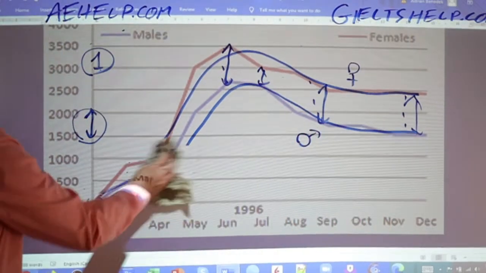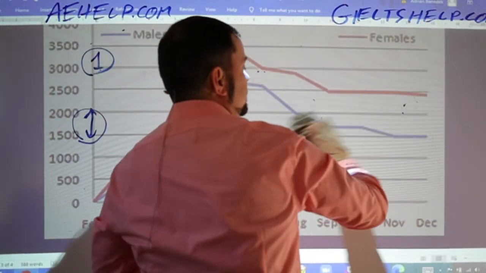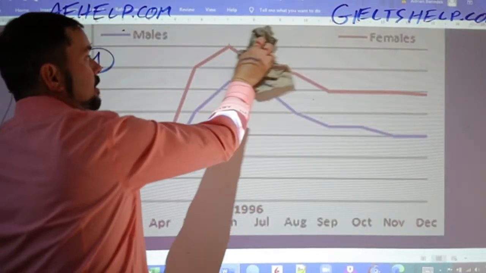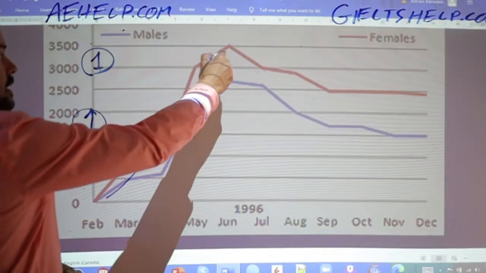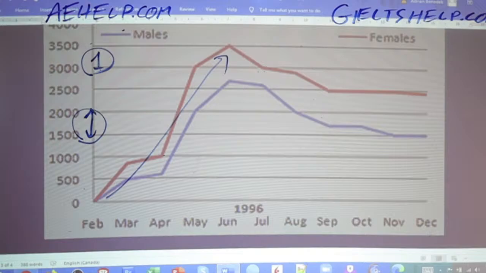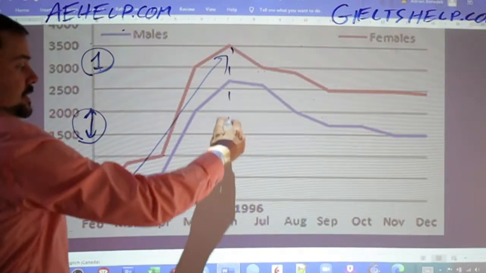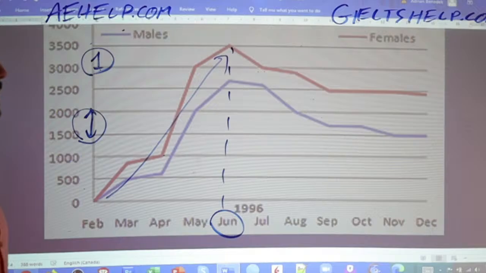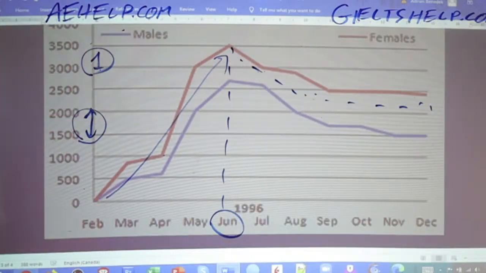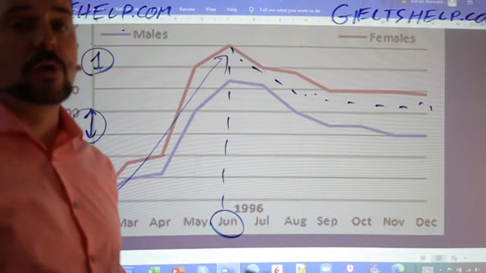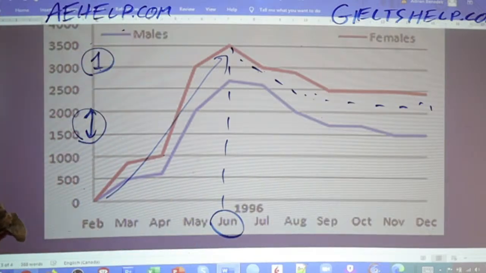Okay, so now the second part of my overview is this increasing trend in the first half of the year, so until June, and then this decreasing trend here, okay? So depending on my writing fluency, how quick I am, that will decide how much detail I go into, okay?